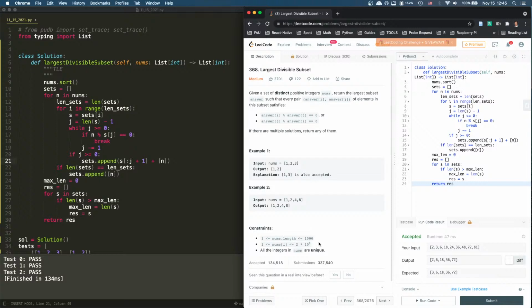So 2, 4, 8, that's 3; 3, 9, that's 2. So I have 6 more: 2 times 3, 4 times 3, 8 times 3, and 2 times 9, 4 times 9, and 8 times 9. So I have 12 in total. Okay, so that is possible.